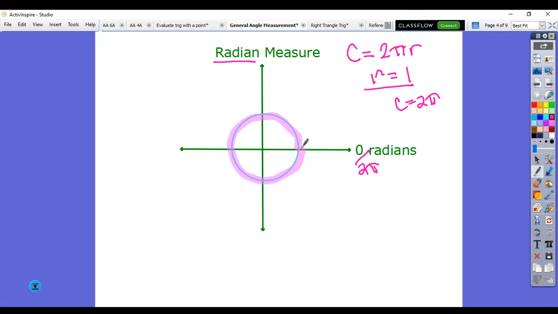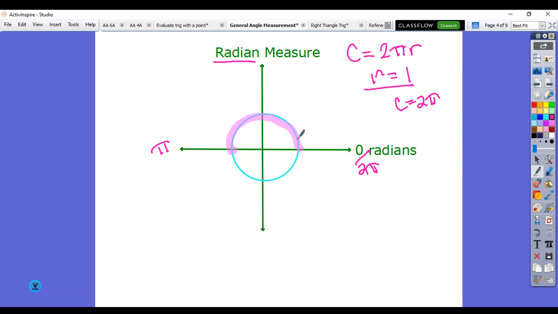All right, so if all the way around the circle is 2 pi, what would just halfway around the circle be? So if I just want to go halfway, if the whole way is 2, does it make sense that if I go halfway across the circle, that's 1 pi?